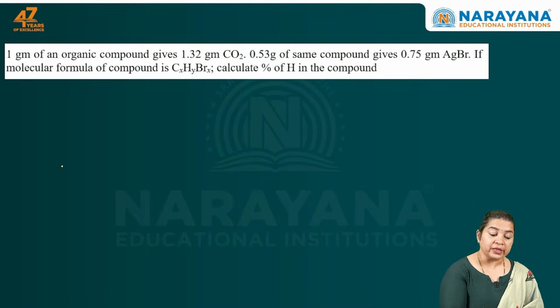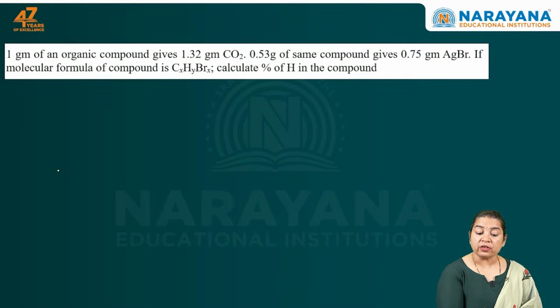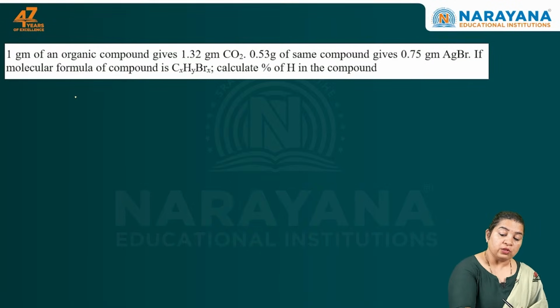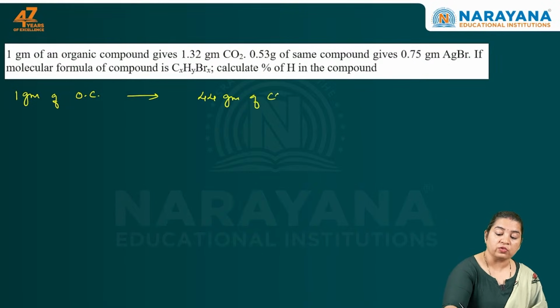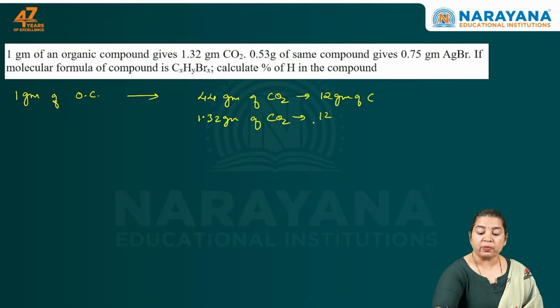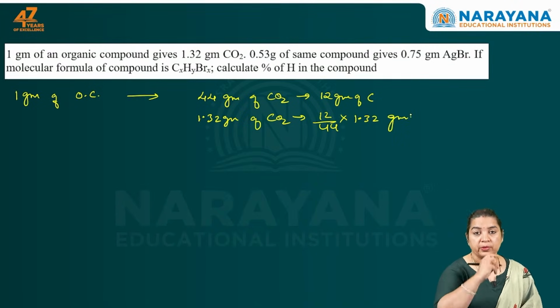Moving to the next question: 1 gram of an organic compound gives 1.32 grams of CO2. If it was 44 grams of CO2, then 12 grams of carbon was there. With 1.32 grams of CO2, carbon is 12 upon 44 into 1.32 grams, correct?